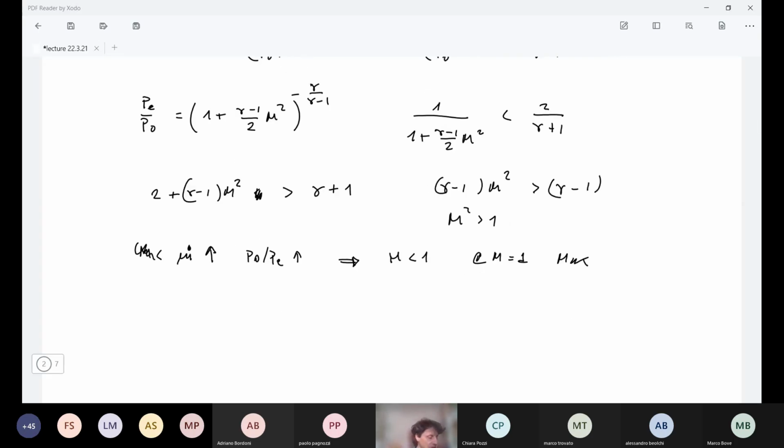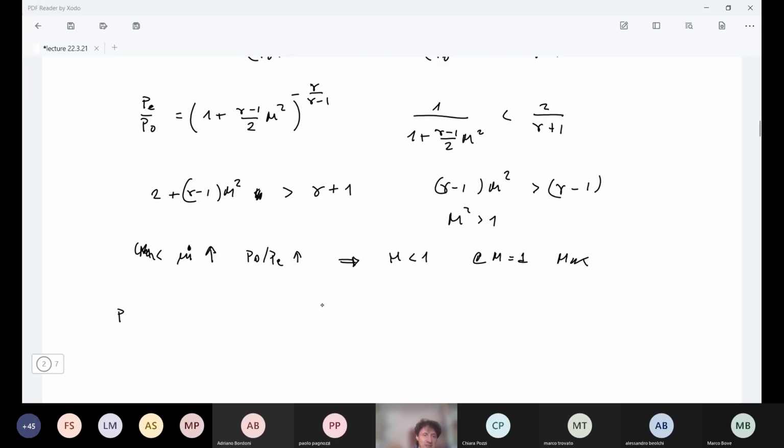So we reach this maximum, and it is important also to understand when this is the case for our application. In fact, what we have to say here is that this happens when the ambient pressure is less than this critical value here, which is the one to which corresponds Mach equal to 1.